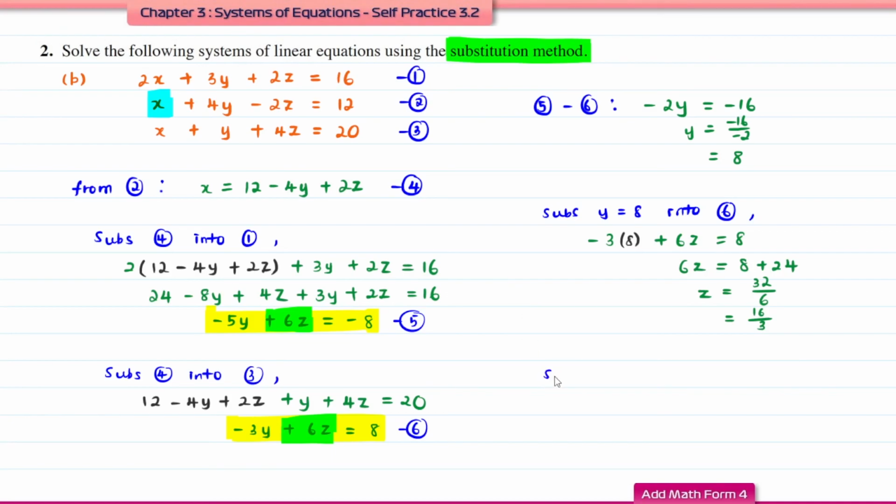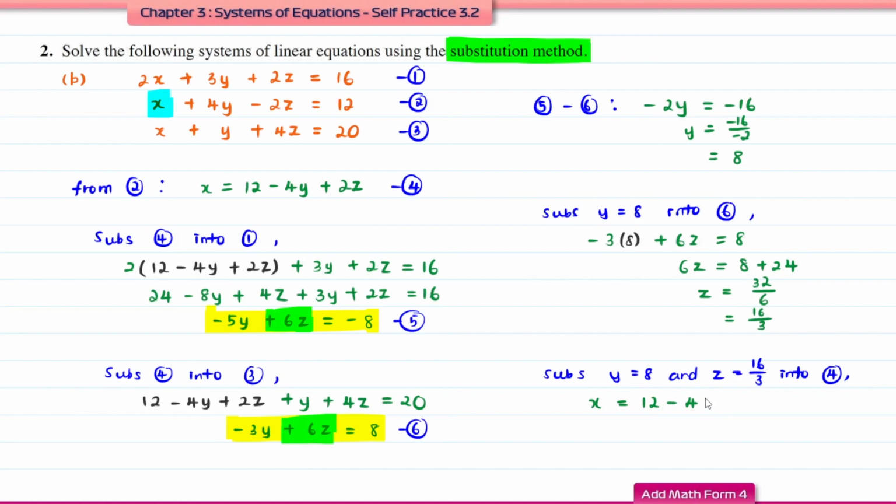So last one, we're going to find the value of x. So I'm going to substitute y equal to 8 and z equal to 16 over 3 into equation number 4, as the x already becomes the subject of the formula. So x equal to 12 minus 4y.